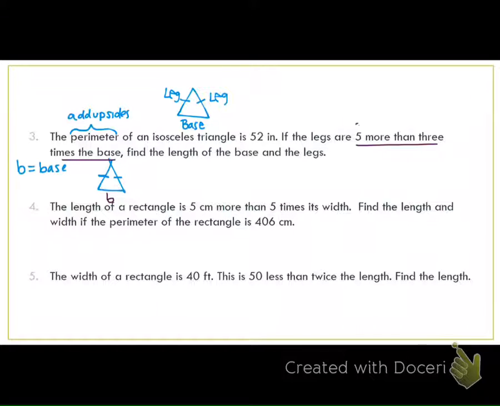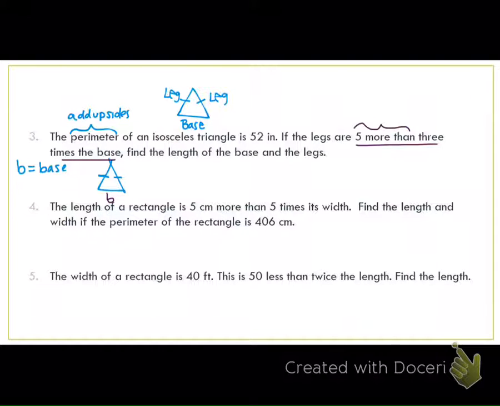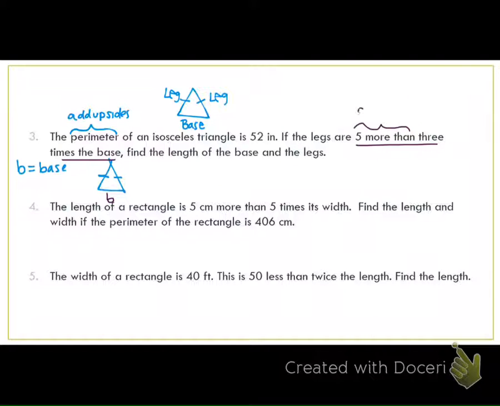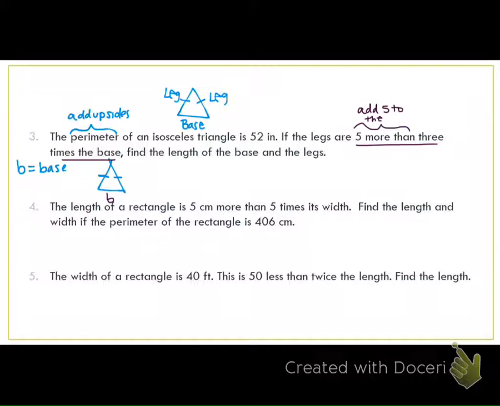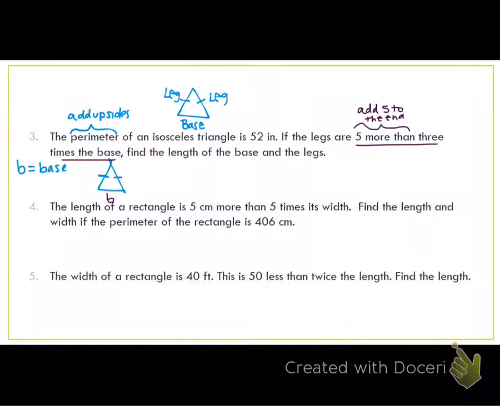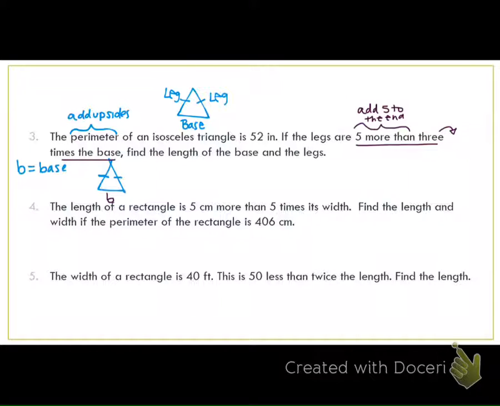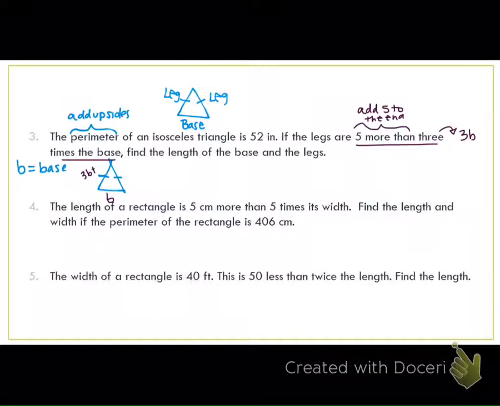So 5 more than, Peyton, what does that mean? What does 5 more than mean? Addition, and are you going to add it to the beginning or the end? Very good. 3 times the base. Jen, what does 3 times the base mean? Multiplication of 3 in the base, right? Like 3b. Okay, so that means that our legs are 3b plus 5.